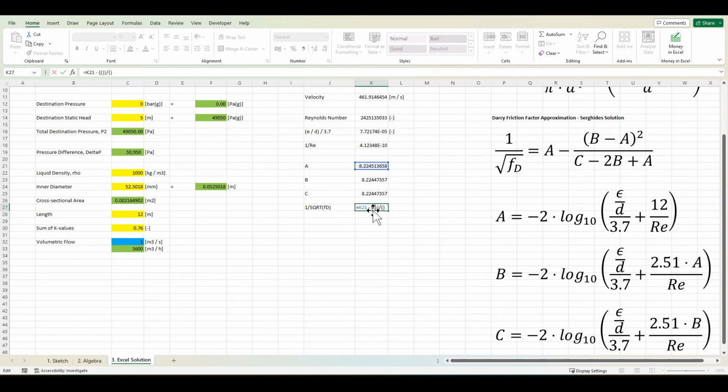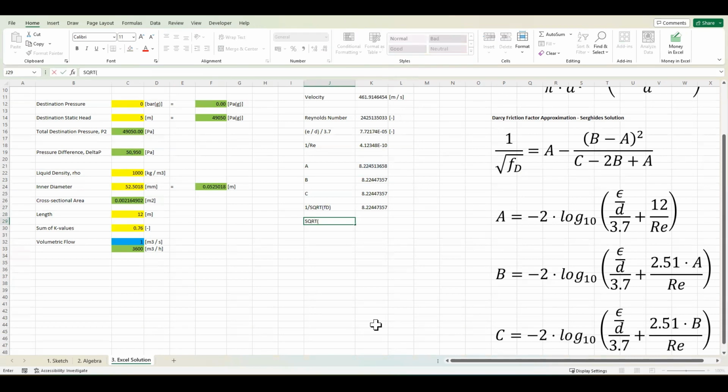So you've got B minus A, and then that's all squared, divided by C minus 2 times B, plus A. I'm just matching this. That's 1 over the square root of FD.